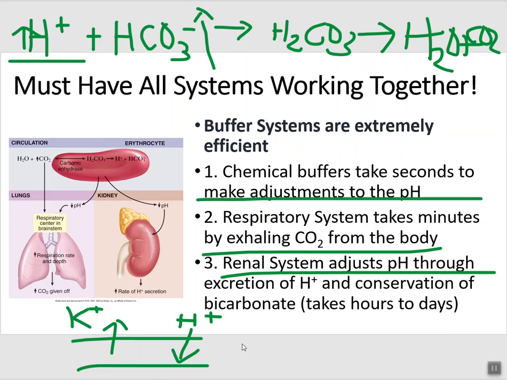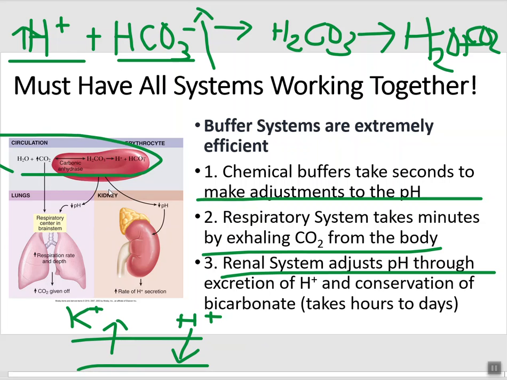And also, the kidneys, if you recall from the renal chapter, that's where we make bicarb. We can make bicarb using this same process. If you remember, we were doing that in the tubule cells. This is the slowest. This is very fast. This is almost instantaneous.